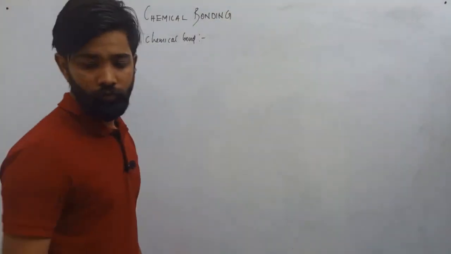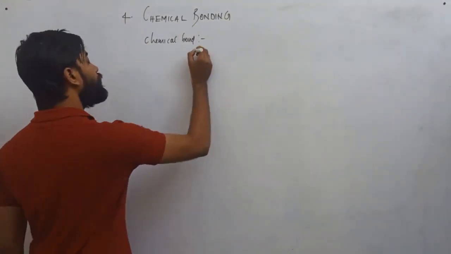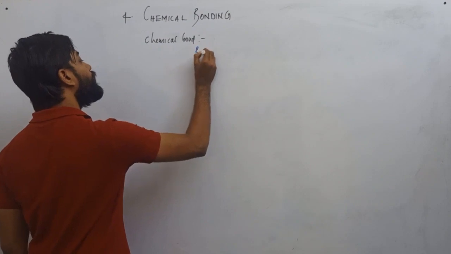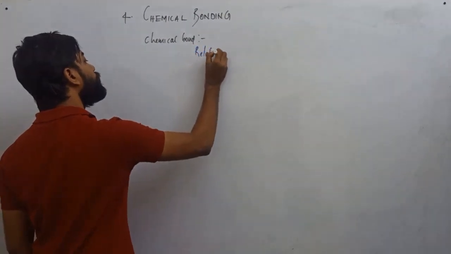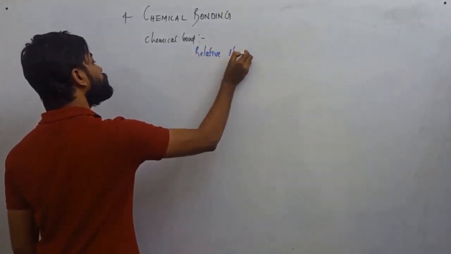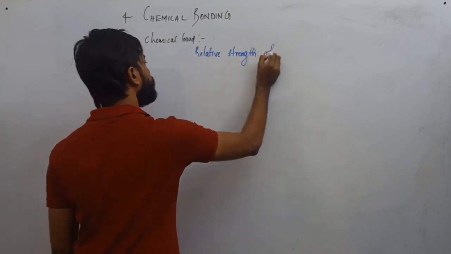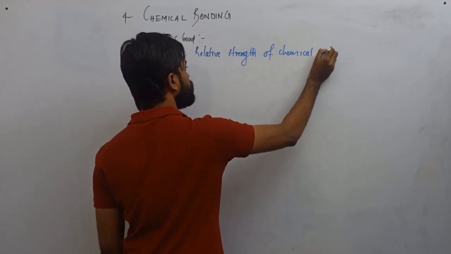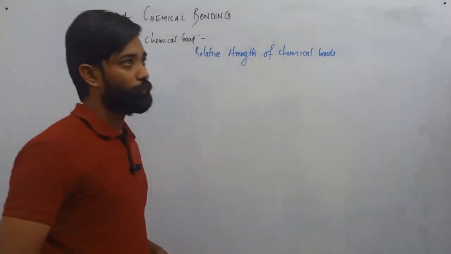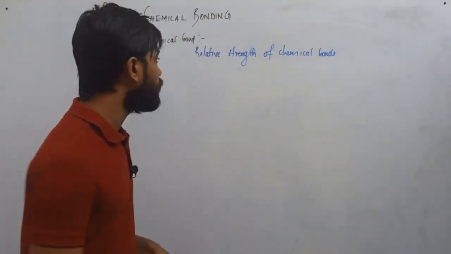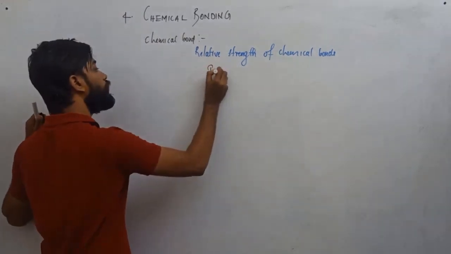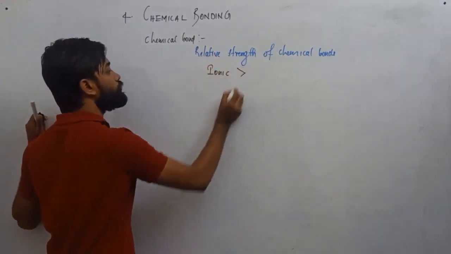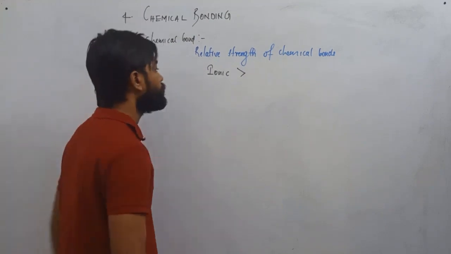First of all, let me define the relative strength of chemical bonds. There are 4 different types of chemical bond, in which the ionic bond is the strongest.